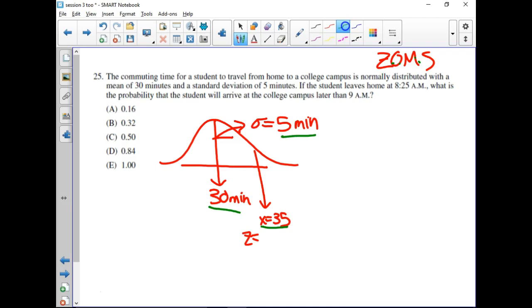Your z-score is observation minus mean divided by standard deviation. Is your z-score 1? Okay, so 35 minus 30 divided by 5. Your z-score is 1.00. So you go to your chart then.